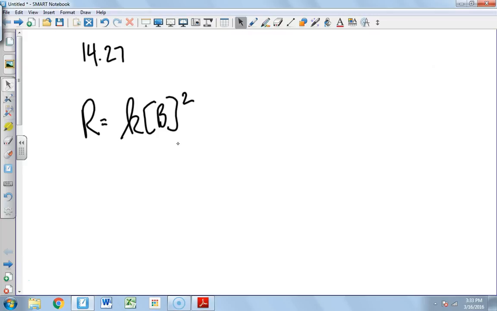Is the rate, symbolized here by R, dependent at all on the concentration of A? According to the rate law, it is not. So no matter what we do to the concentration of A, it is not going to change the rate.